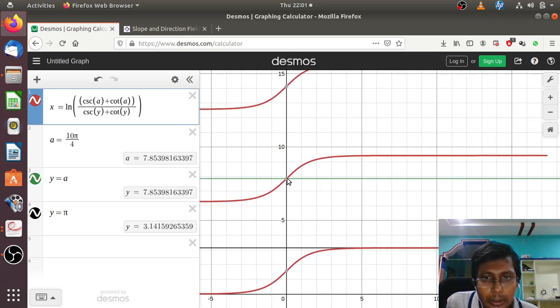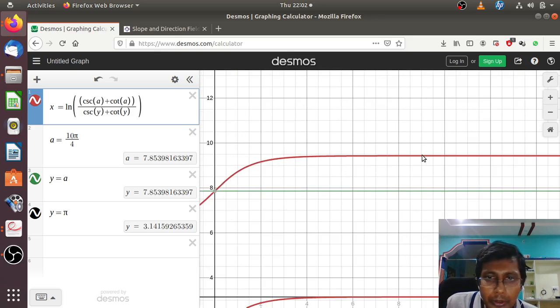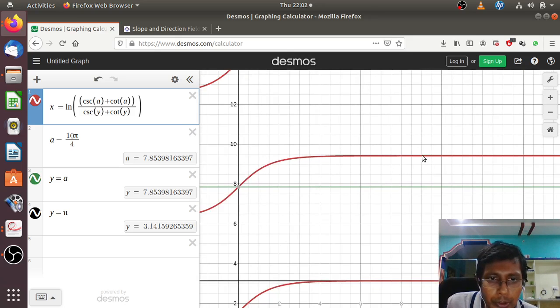But now it's approaching a different value. What is it? It's approaching near 9.